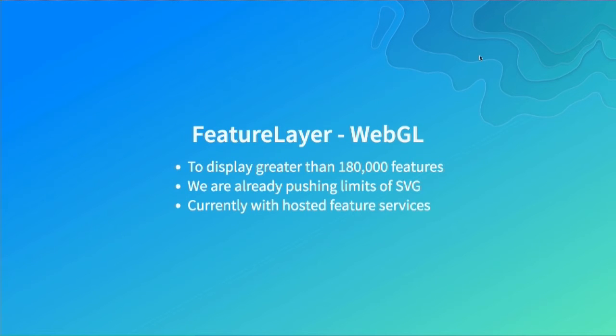So stuff coming to the feature layer, or we have now the feature layer really, is WebGL. So we are planning to move the whole 4X API into WebGL, all drawing WebGL eventually. And right now we have feature layers in WebGL, and we can display a lot of features, a couple 100,000 or so features in WebGL right now.